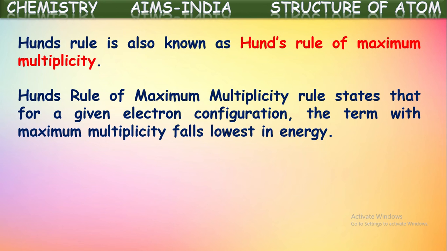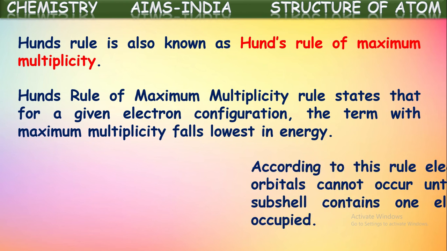That means simply to say atoms with more unpaired electrons will be more stable and hence will be in the least energy state. That is why atoms will try to attain the maximum number of unpaired electrons. That is why the orbitals present in a subshell are first occupied by single electrons, and then only pairing takes place.